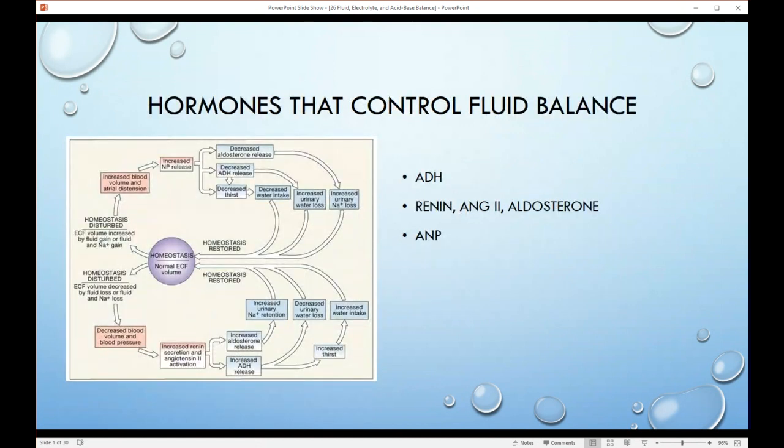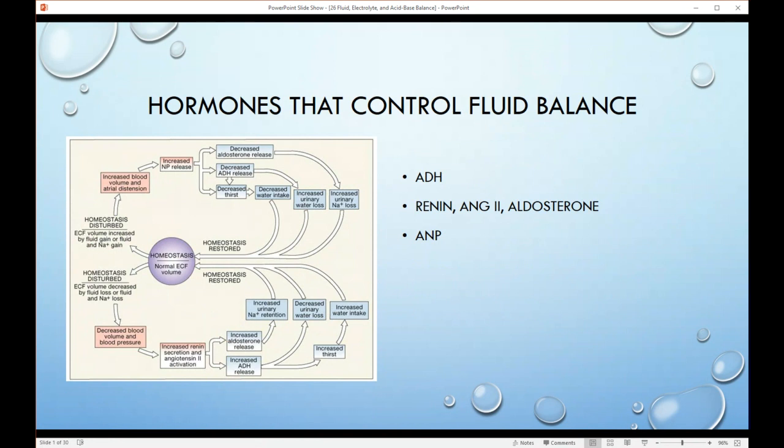We've already talked about these hormones. We've talked about them ad nauseam, but hopefully the reason you see them keep coming back is because they will return in your studies. We've talked about this RAA pathway several times. When our extracellular volume has increased by a fluid gain, when we have more fluid in our body, that increases our blood volume.